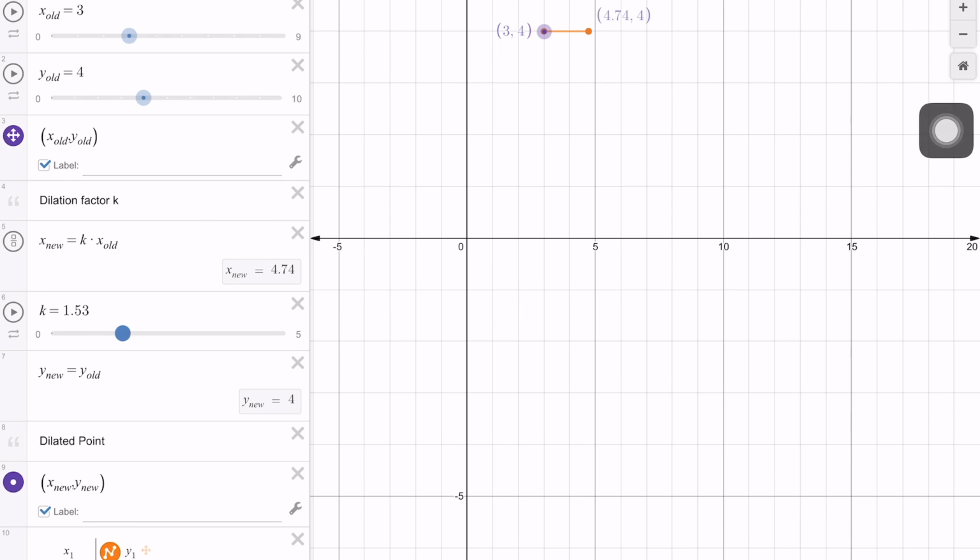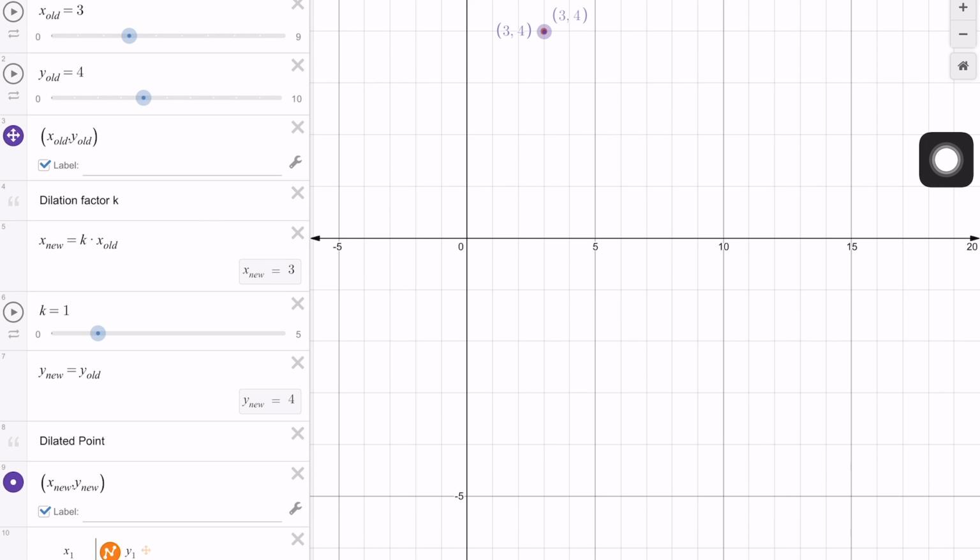And as soon as I reach k equals 1, over here k is 1, the 2 points coincided, okay? And that's because k is 1, and 1 times x doesn't change anything. 1 is a unity, multiplicative unity. That's why we don't see any changes.